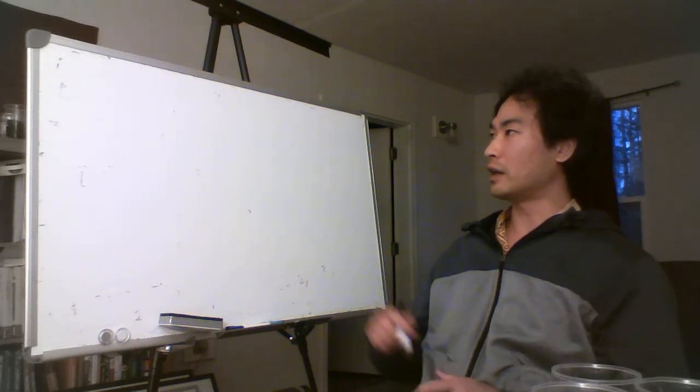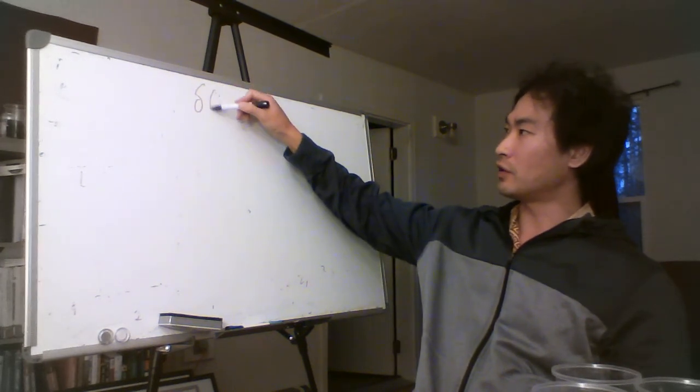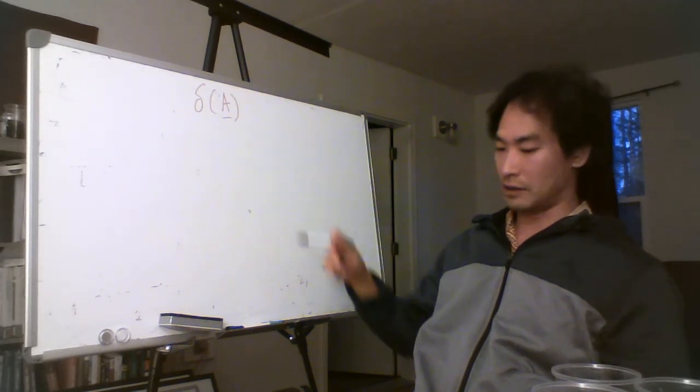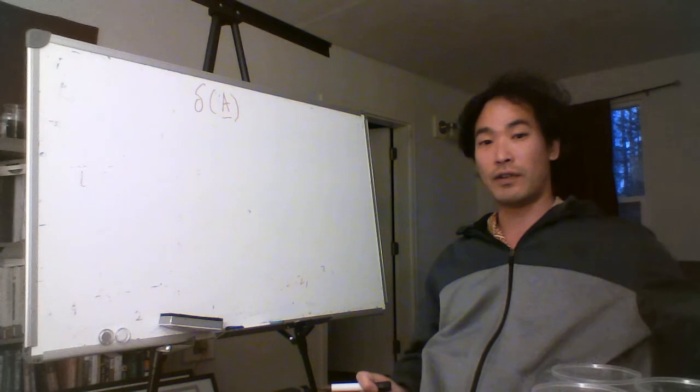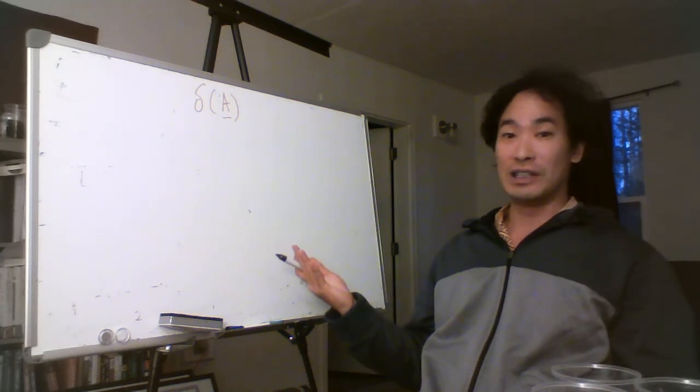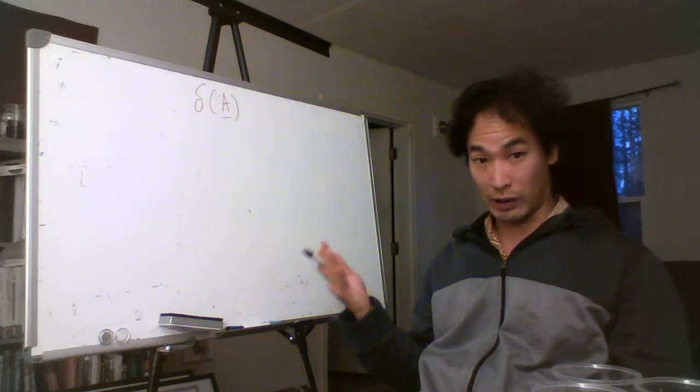Delta function. Okay, delta function of A. Delta function of multi-set A. It's a very interesting function. Why? Because morphology is important in our delta function.